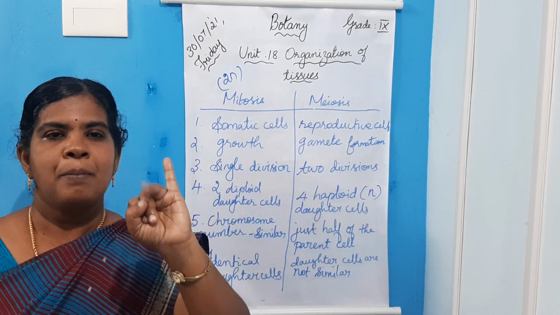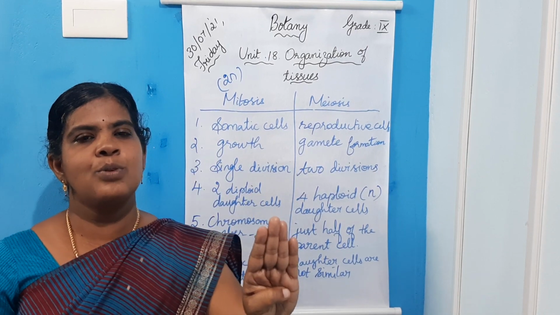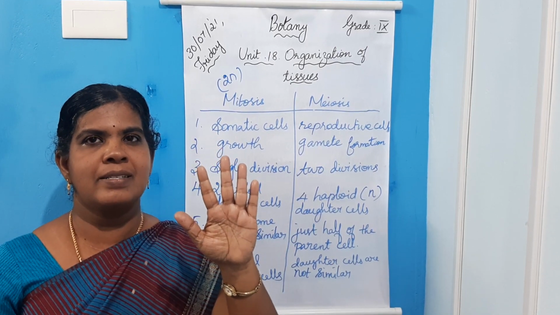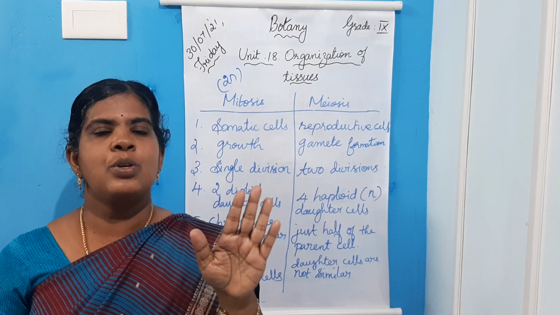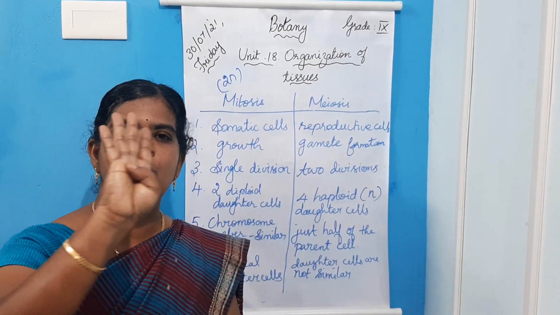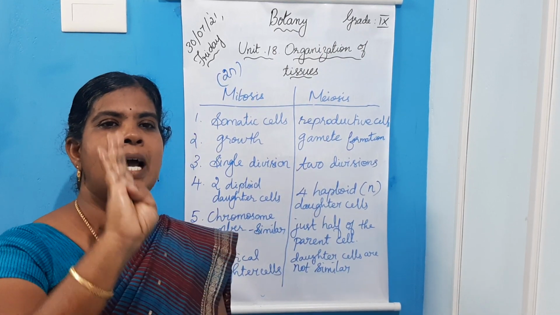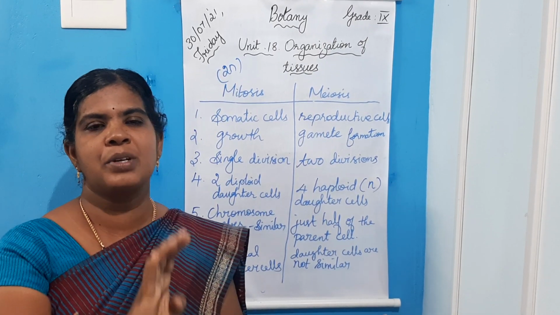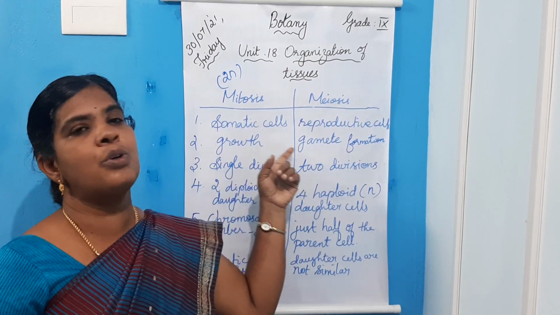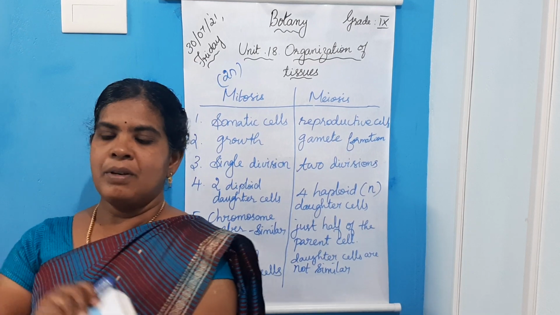Prophase 2, metaphase 2, anaphase 2, telophase 2 and cytokinesis 2. After cytokinesis 2, how many daughter cells are formed? Four haploid daughter cells. You must know the differences between mitosis and meiosis.